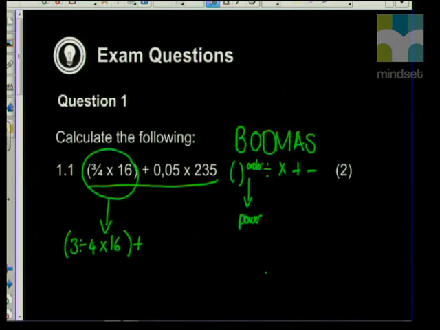Then I would add, then it'd be 0,05 times 235. And again, timesing comes before adding, so therefore this part would be done next. So let's get out our calculator and do this first bit.